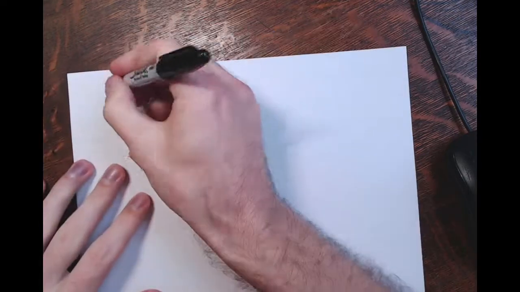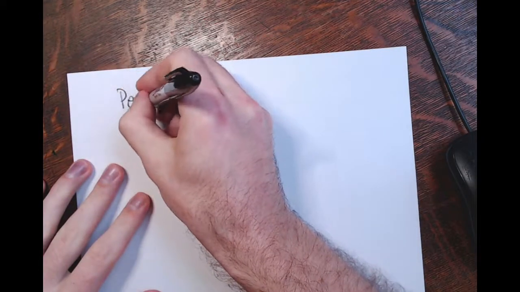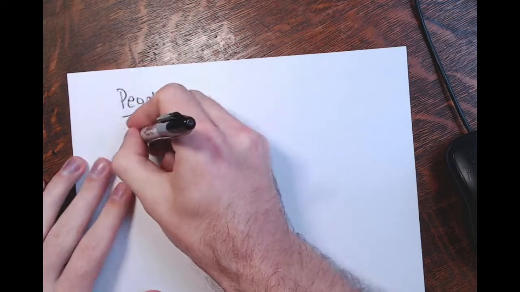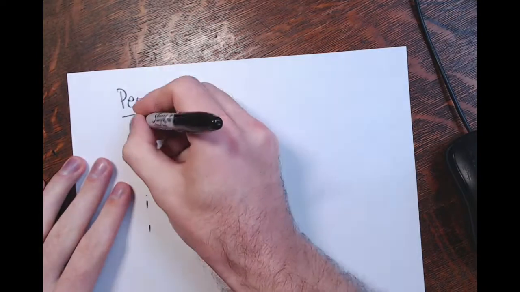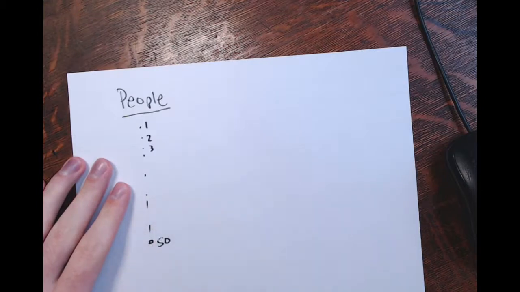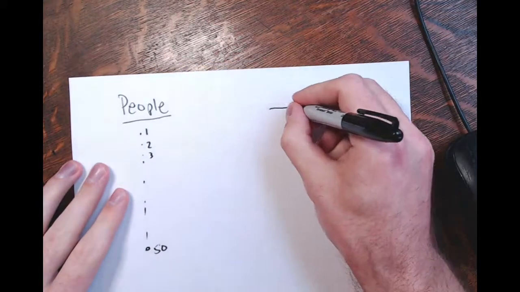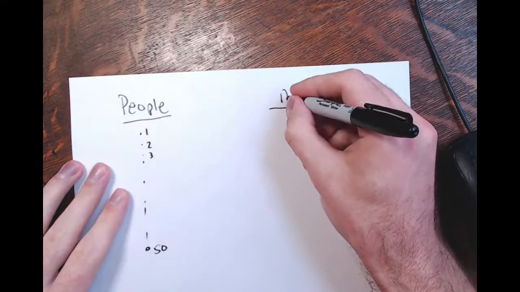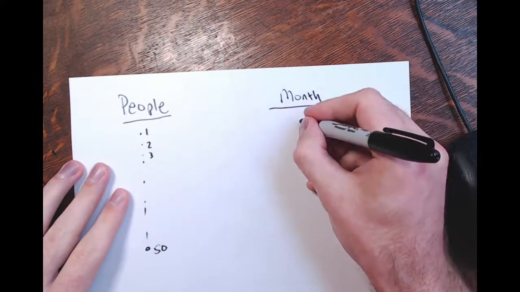The domain is people: person 1, person 2, person 3, all the way down to person 50. And I'll assign each person to the month that they were born.